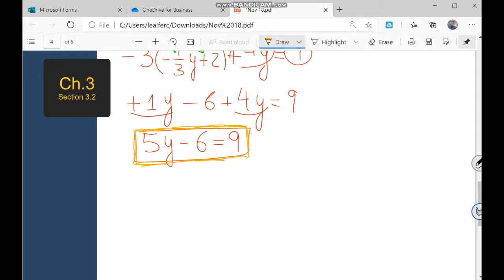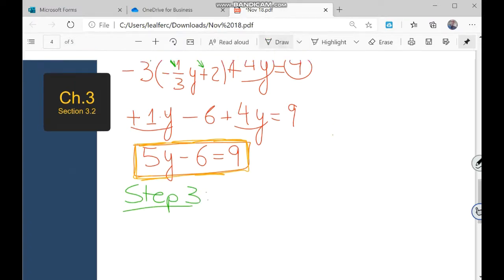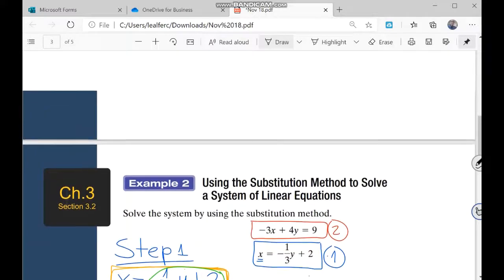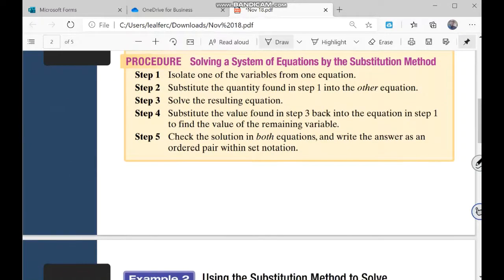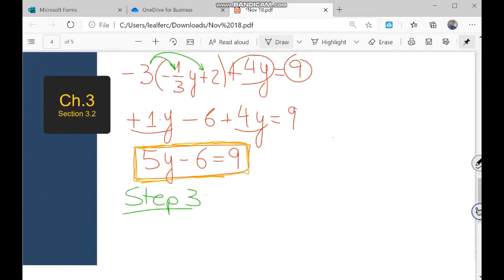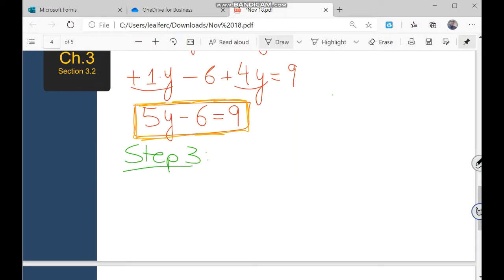Now let's work on step number 3. Remember, get the procedure back: solve the resulting equation. So this is the resulting equation. We're going to apply the addition property, the multiplication property, and solve this equation, okay?